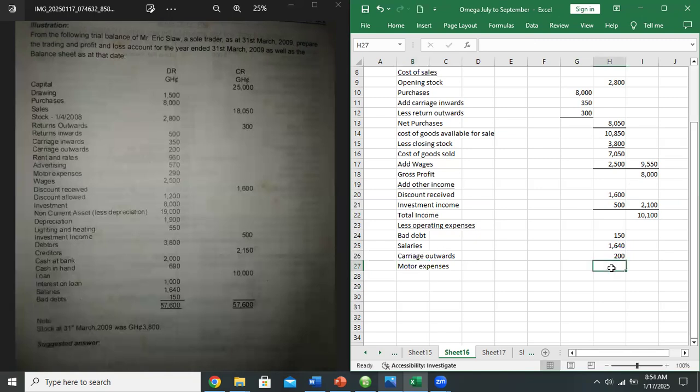Prof, why do you say wages though? Are you confused about something? Yes, because in my textbook it says that wages is part of the operating expense, and it differentiates between the wages and the rent.